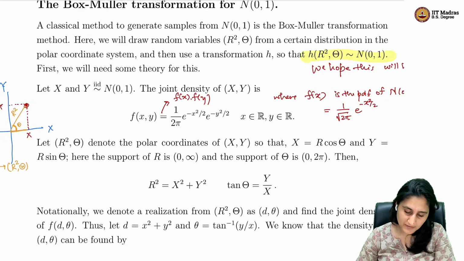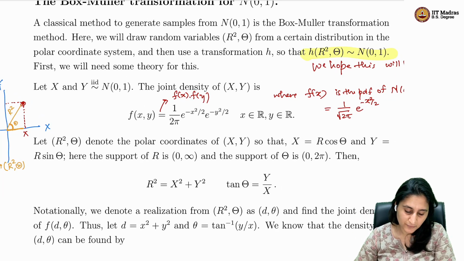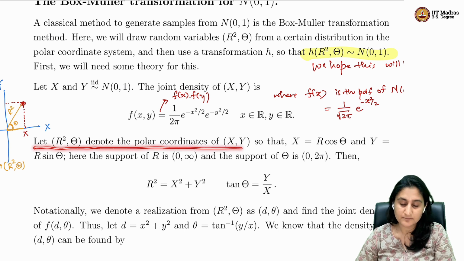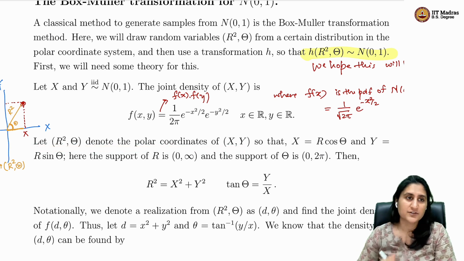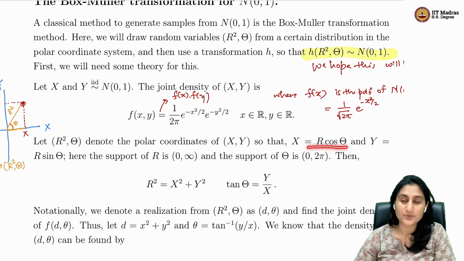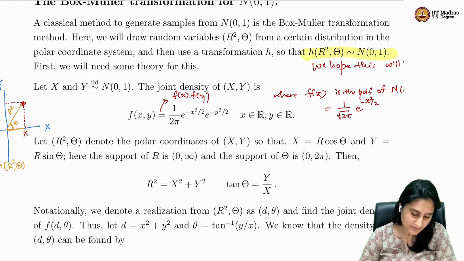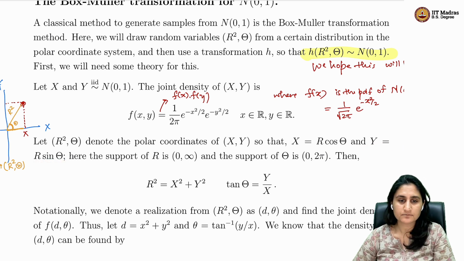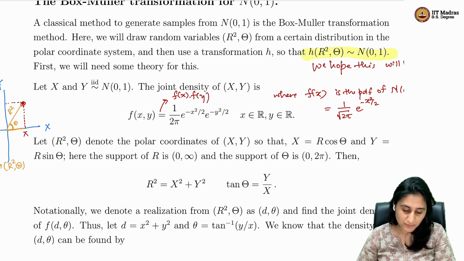What I mean by that is, very specifically, if I denote r squared and theta to be the polar coordinate version of x and y, then I have x, this distance, being equal to nothing but r cosine theta, and this distance over here, y, nothing but r sine theta. Now I also note what the support of r is.